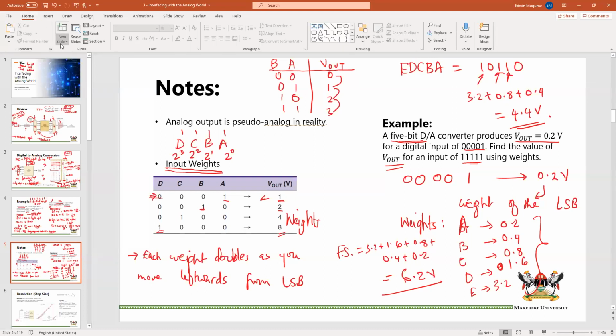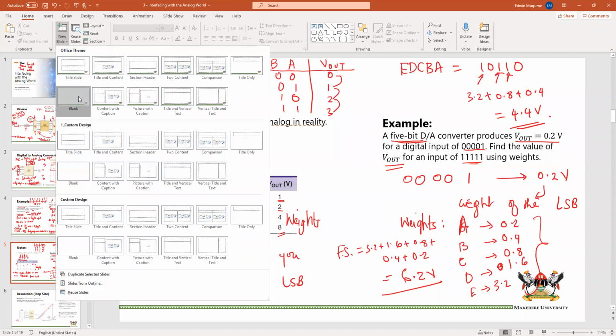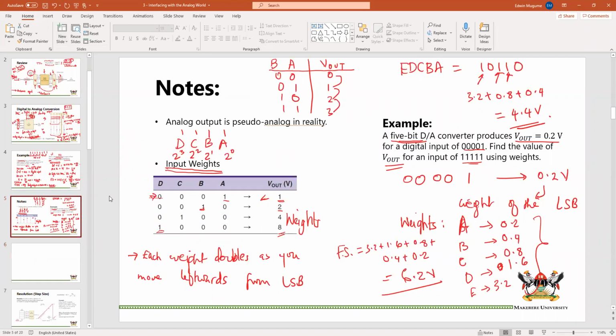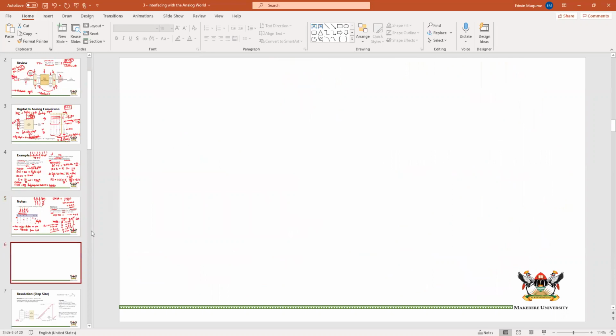And maybe let me just introduce a new slide. I could also have done this using our earlier relationship, which was that K times digital is equal to analog.